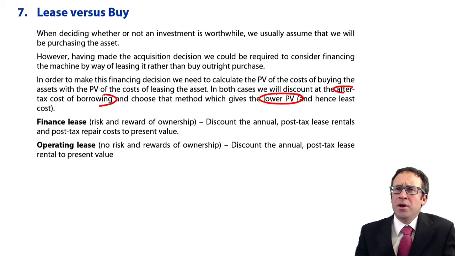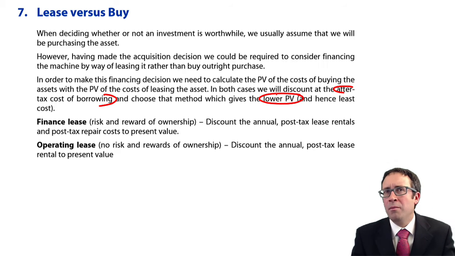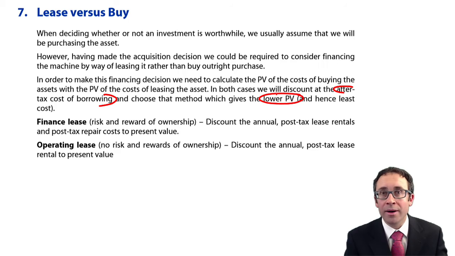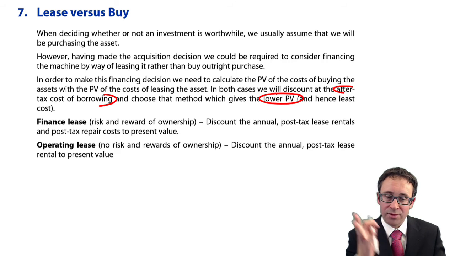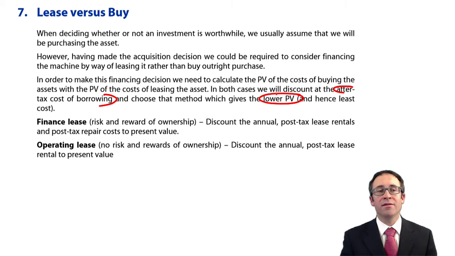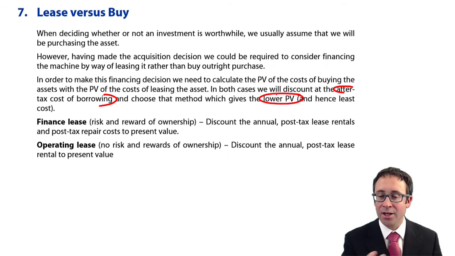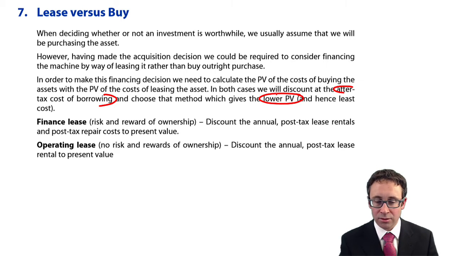Just be aware, there won't be this distinction in the future when IFRS 16 comes into the world, but at the moment we don't need to worry about that. We currently have IAS 17, and we have the two types of leases, a finance lease and an operating lease. For the finance lease, you look at the annual post-tax lease rentals.